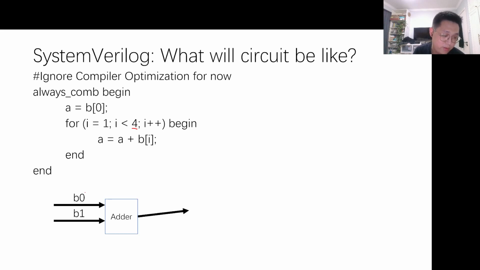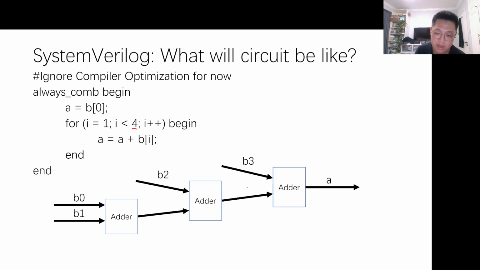First we have B0 and B1 get assigned into an adder, and the sum being added with B2, the sum added with B3, and got an A. Please pay attention that the difference here is, instead of executing 4 different instructions, we implemented 3 adders here. These adders are physically existent in your FPGA or VLSI.